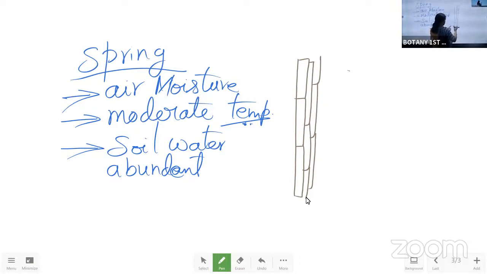Those are very long, thin-walled and have a big lumen in them. Lumen means the empty space that is present in the xylem, just like a hole. In general we say as a whole, but here we cannot use the word as a whole. Here we have to use the specific word, that is, the lumen.